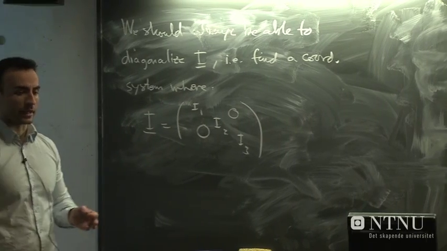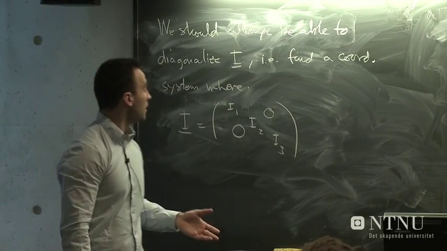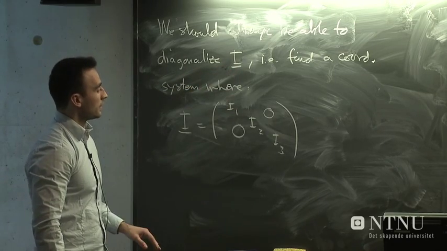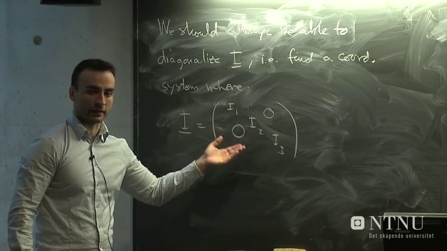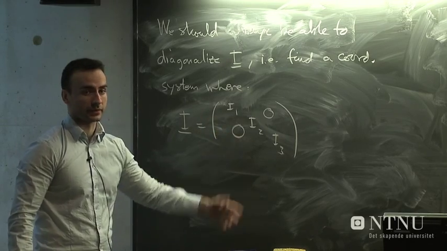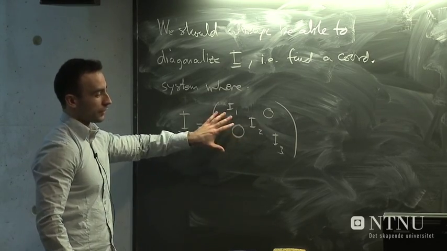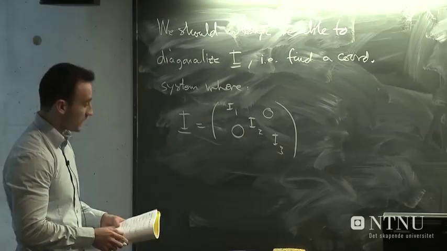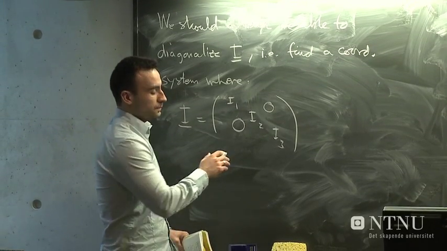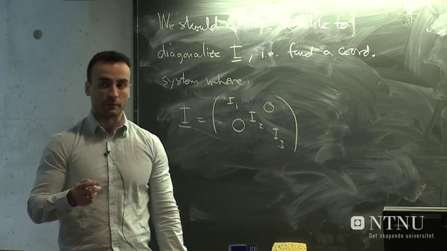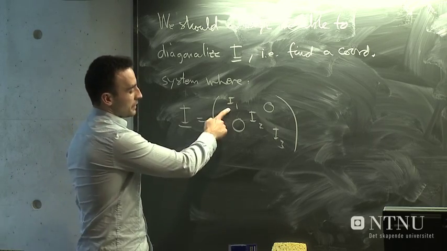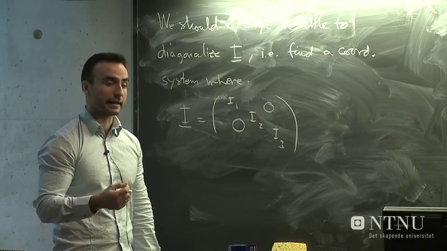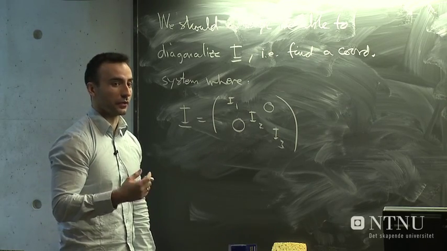We should always be able to find a coordinate system where the matrix of inertia I underscore can be written in a diagonal way with real entries. So 0, 0 here just means that all these entries are 0. And in this particular coordinate system, these entries here have a special significance. Namely, they are the main moments of inertia for the body.